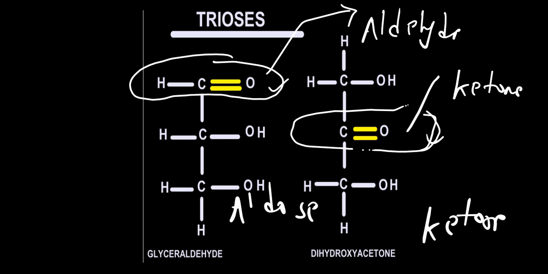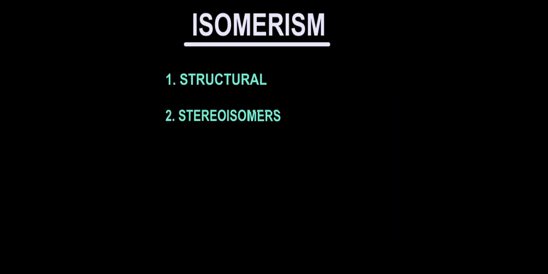Then let's talk about something very, very important, what we call isomerism. Before I talk about isomerism, there's what is called an asymmetric carbon or a chiral carbon. If this is a carbon, this carbon is bonded to other molecules or elements. If the carbon is bonded to 4 different groups, that one is called an asymmetric carbon.